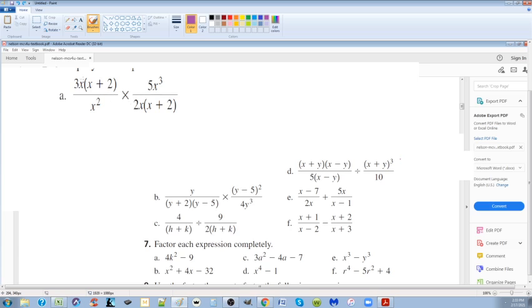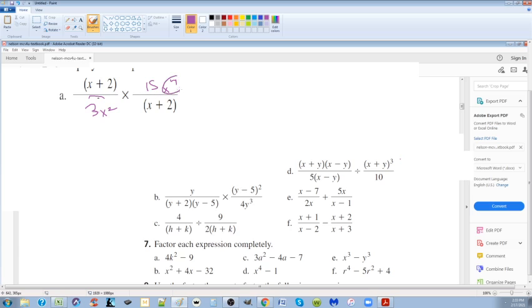So if I look up top, let's simplify the top. It might make my life easier. So 3x times 5x cubed is 15x to the 4. Down here, x squared plus 2x squared, 2x is 3x squared. Great.